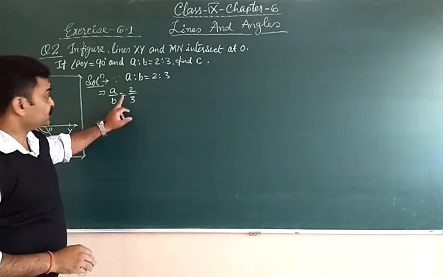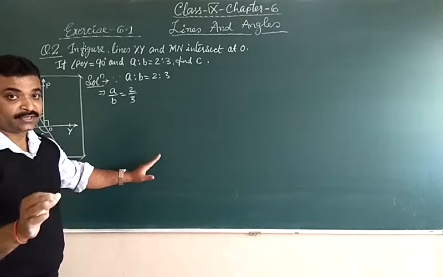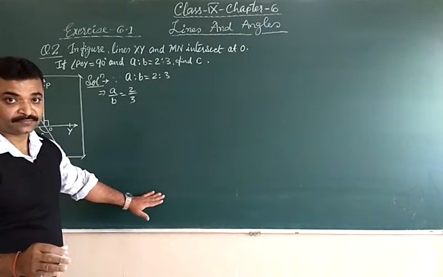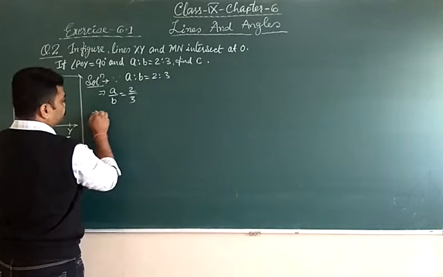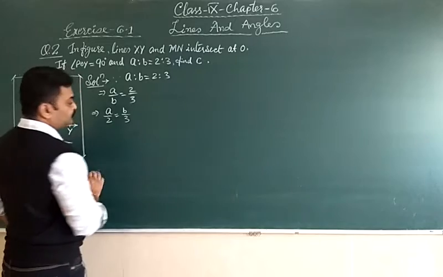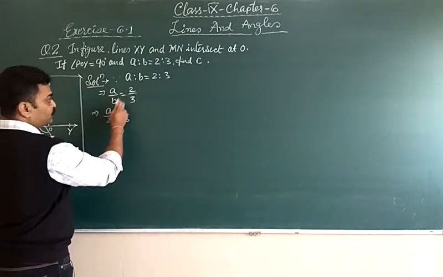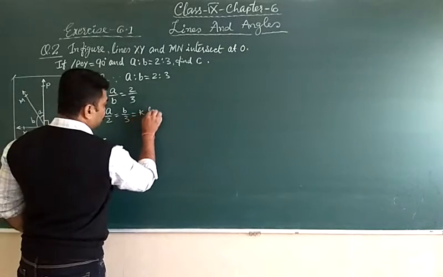इसका मतलब ये नहीं है कि A is equal to 2 और B is equal to 3. अगर आप ऐसा लेके करते हो, that means आपका प्रोसीजर रॉन्ग है. Okay, here we can write A upon 2 is equal to B upon 3. 2 को इधर ले आया, B को इधर ले गया. Okay, is equal to K, let.